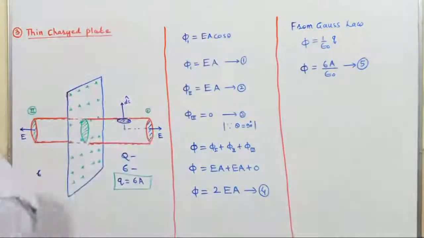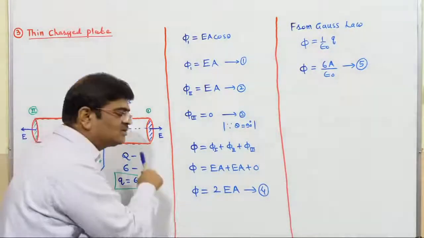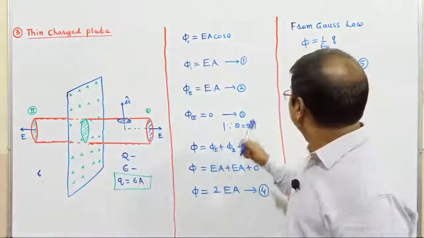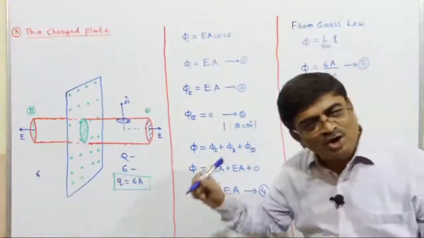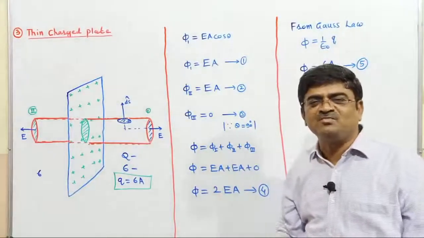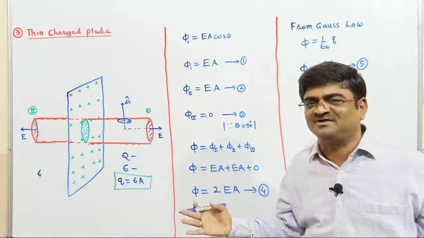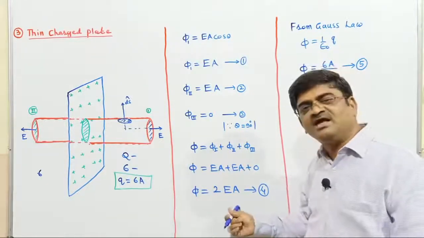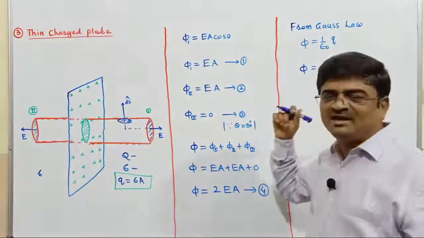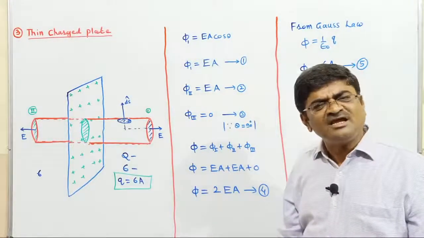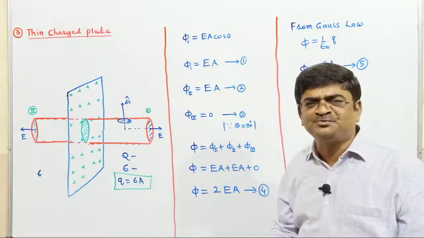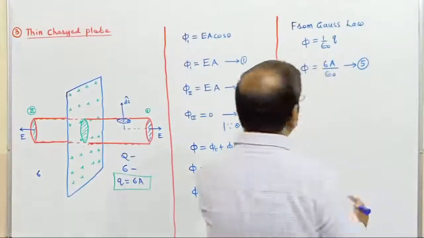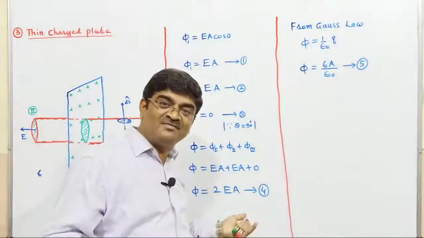Equation 4 gives me the flux through the Gaussian. Equation 5 also gives me the flux through the Gaussian. The ways of calculation are different: mathematically calculated, and Gauss law calculated. I can equate those two fluxes calculated by those two different methods.